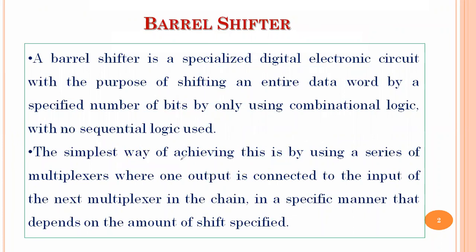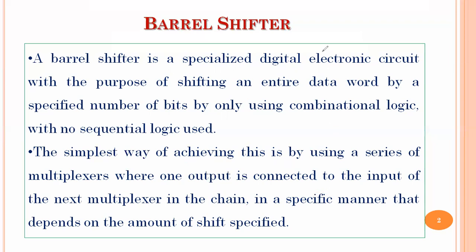The simplest way of achieving this is by using a series of multiplexers, where one output is connected to the input of the next multiplexer. It is a serial usage of multiplexers, connected in a specific chain that depends upon the amount of shift specified.